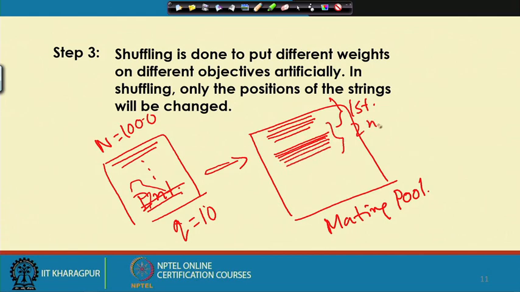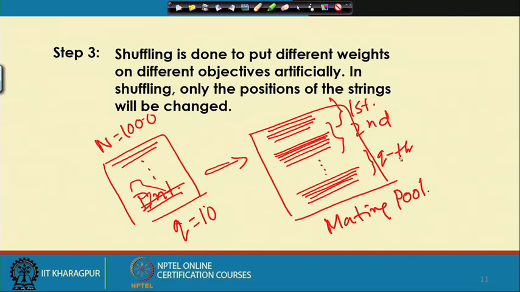This is good with respect to the second objective, and this process will continue, and for the qth objective function I will get the qth subpopulation. Now, let me repeat. This qth subpopulation is very good in terms of the qth objective function, but it may not be so good with respect to the other objectives.